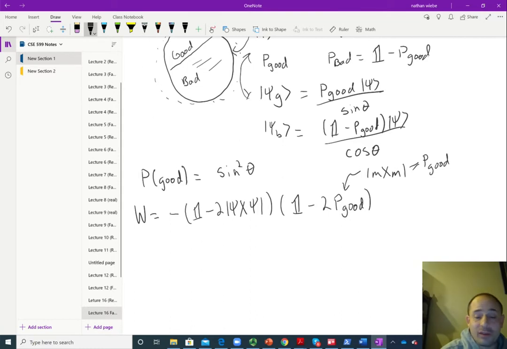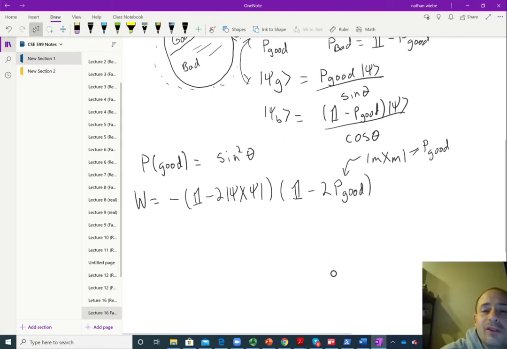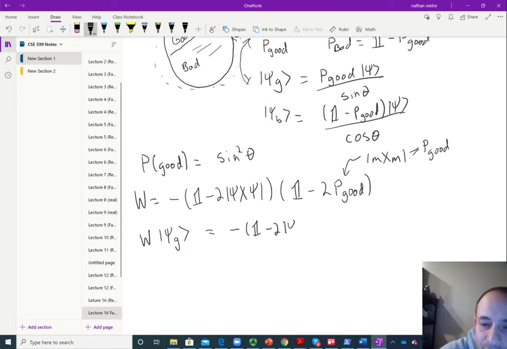Now, let's go forward and try to understand it. The first thing I'd like to do is examine what happens when we apply the walk operator on psi g. We get minus (identity minus 2 psi) times (identity minus 2 P good) acting on psi g.